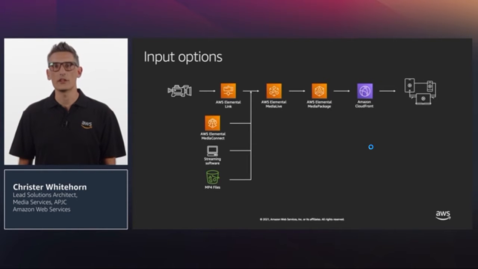I could have alternatively chosen to use MP4 files stored in either Amazon S3 object storage or any other accessible HTTP location. The final input option we were presented with was RTMP, which is a very popular protocol supported by a wide range of hardware and software encoders.